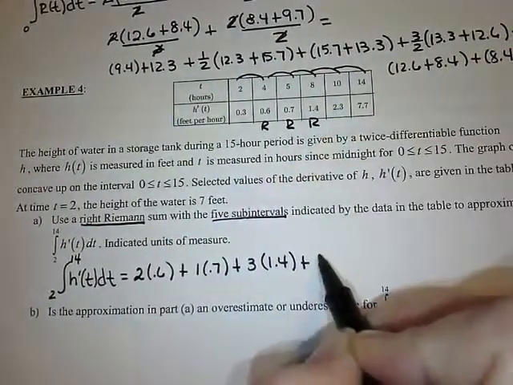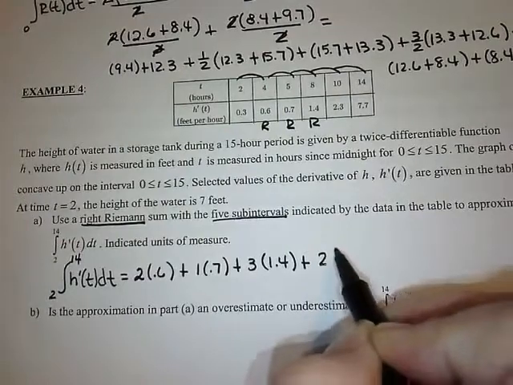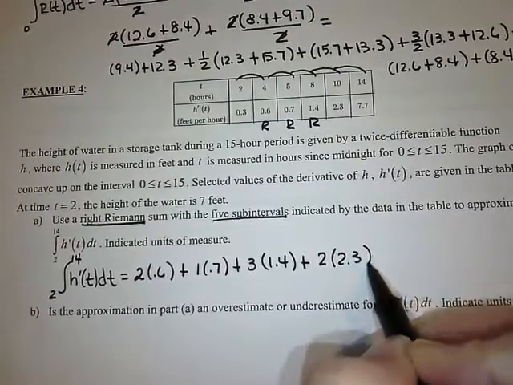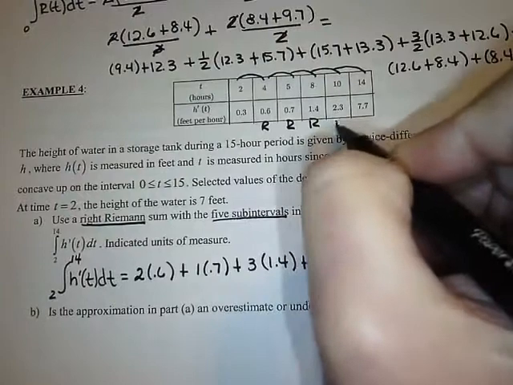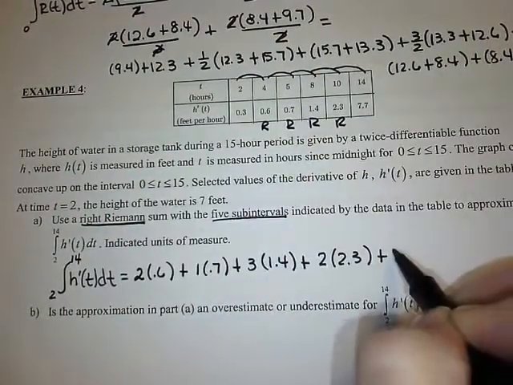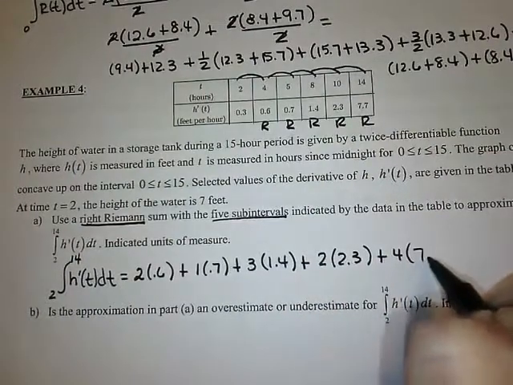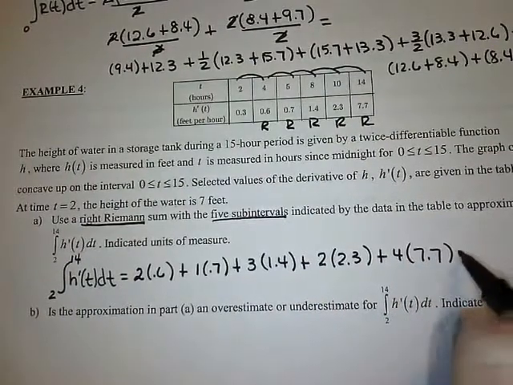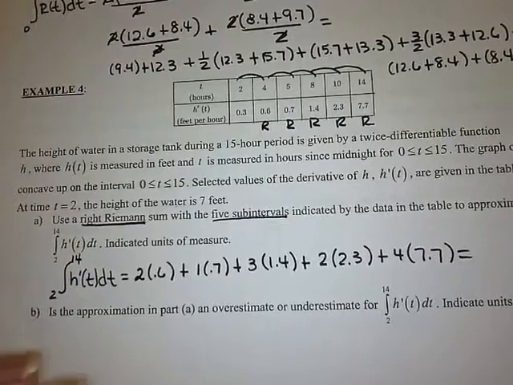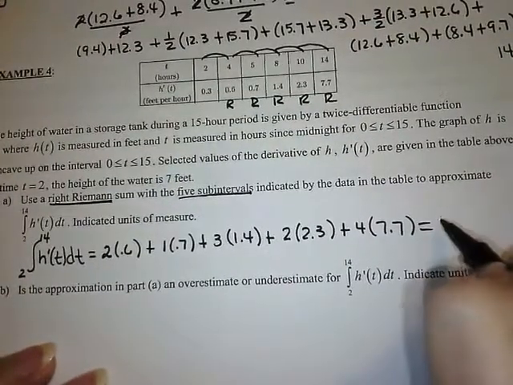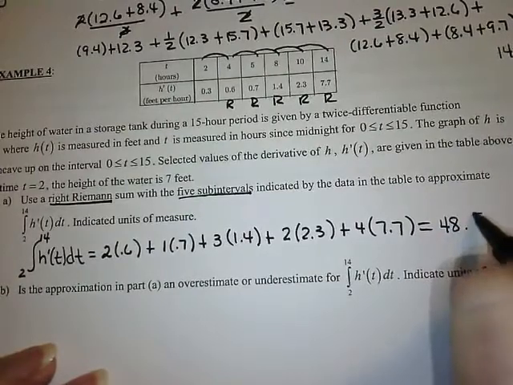Next one, I'm going to have a base of 2. Right-hand side is 2.3. And then I'm going to have a base of 4. Right-hand side is 7.7. All right, so then I just put it in the calculator, and it's going to give me 48.5.